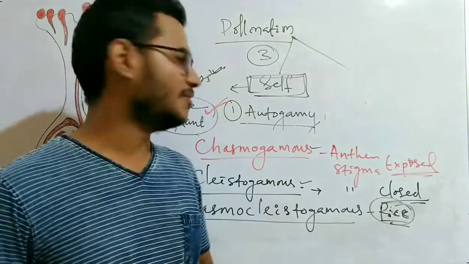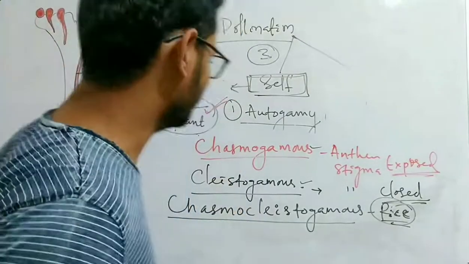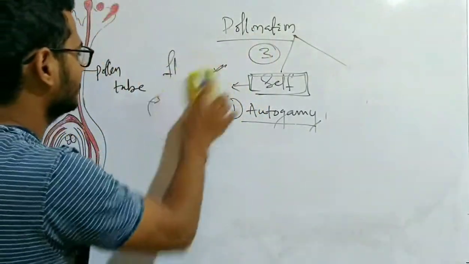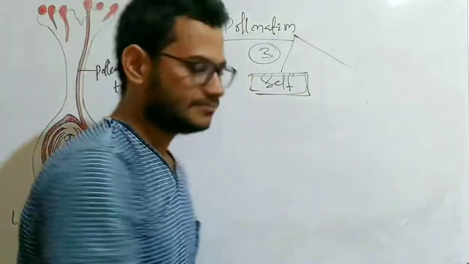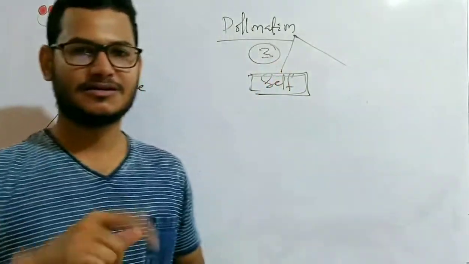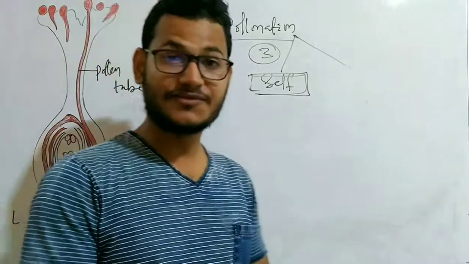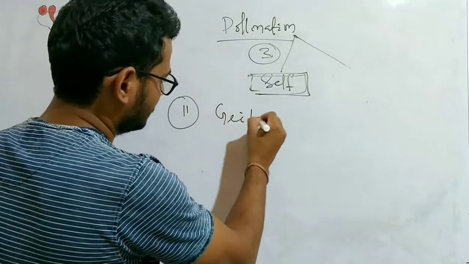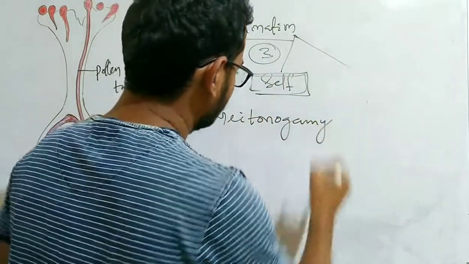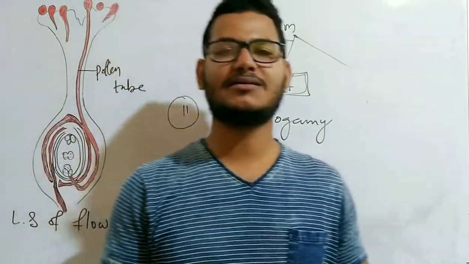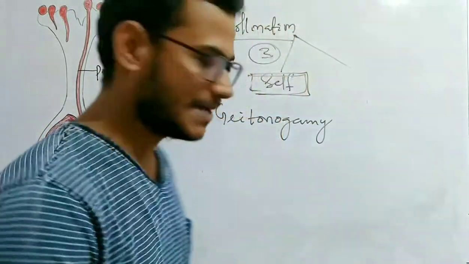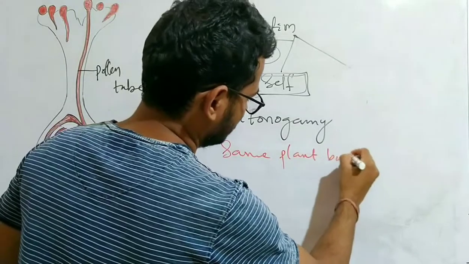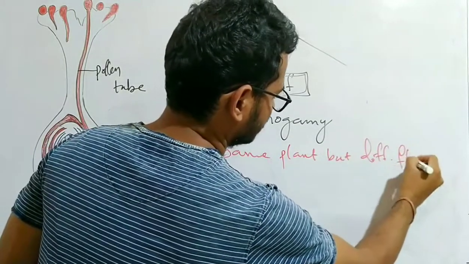Now we will discuss the second one, that is geitonogamy. The second type of self-pollination is geitonogamy, where the pollen grain travels to the stigma of a different flower of the same plant. In this case, the pollen grain travels to the stigma of the same plant, but a different flower.